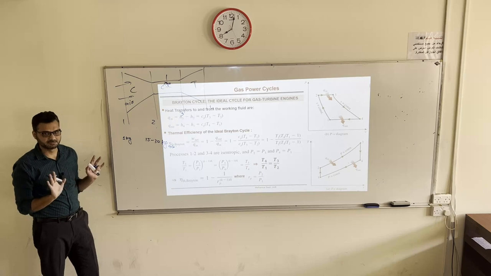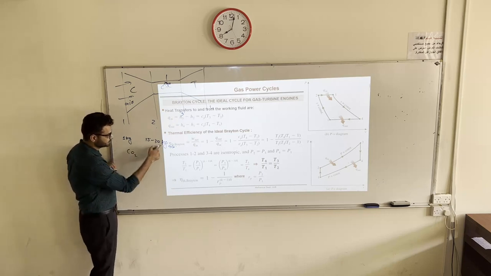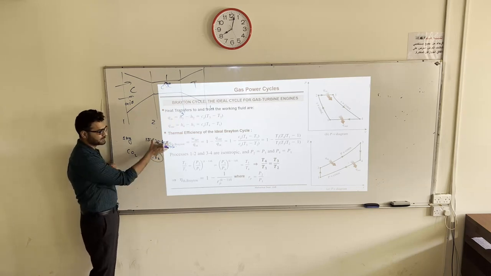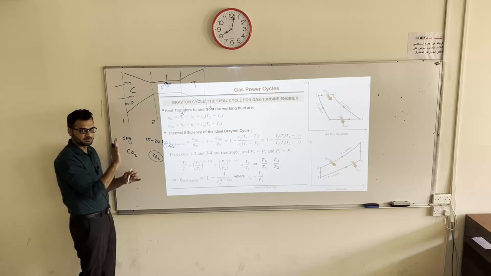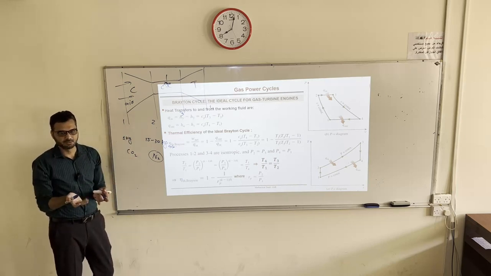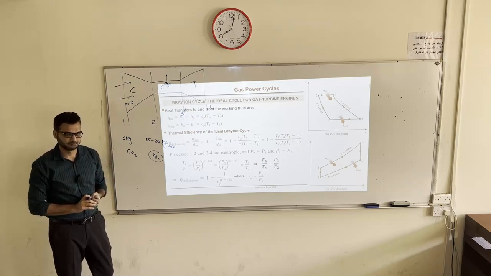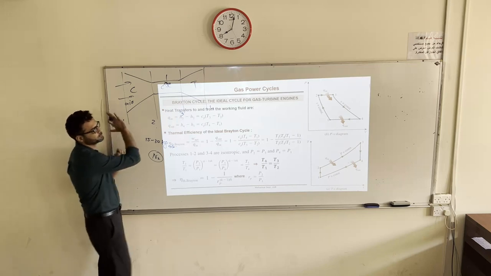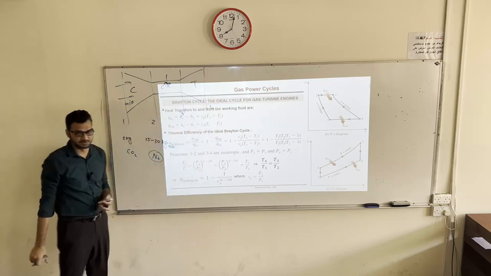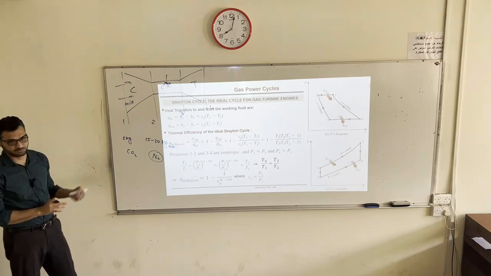How much CO2 compared to nitrogen? Nitrogen did not react, so the major part is still nitrogen. And this whole mixture is behaving like air. Its properties are very similar to air. That's why we assume air throughout for air standard assumptions. That is for elementary thermodynamics. That's what we do.